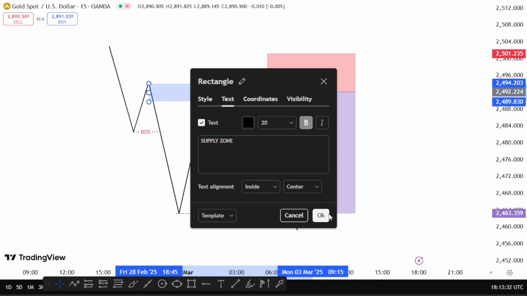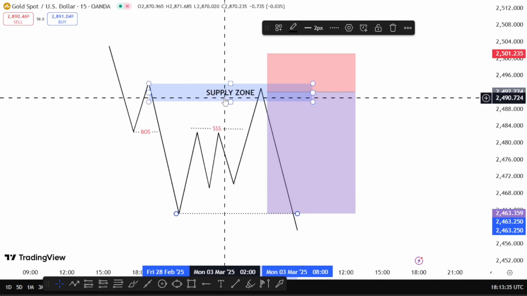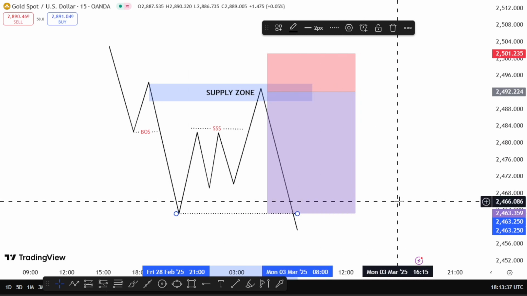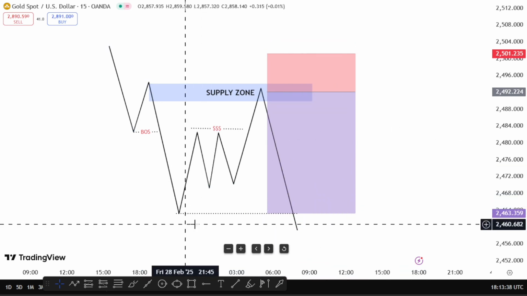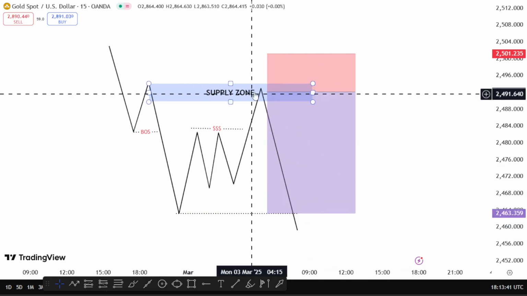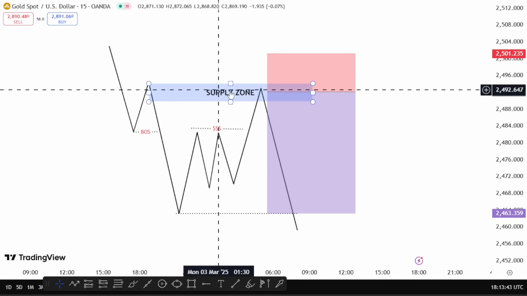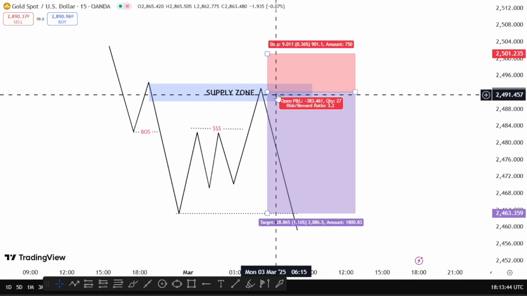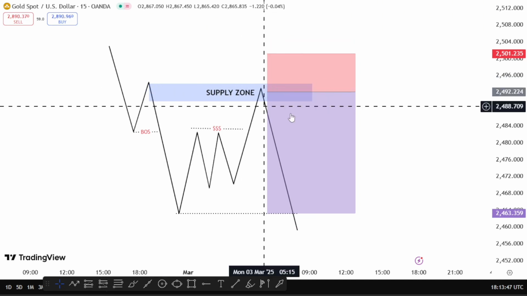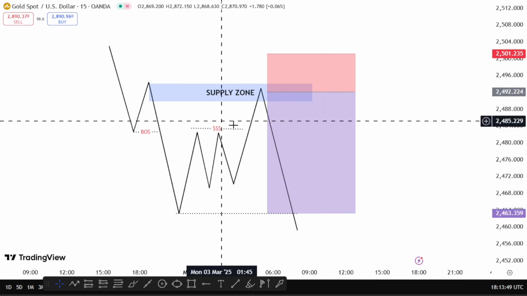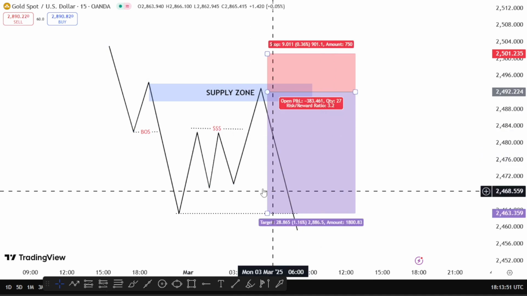It's just a simple approach. And here is your target. There is a supply zone, because at that area, that's where you utilize your supply and demand strategy. So if you reverse this, you're going to look for demand, for the inverse of that.